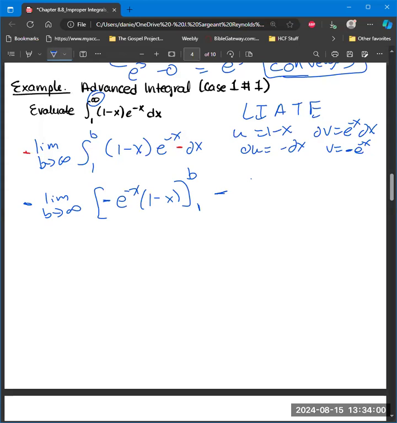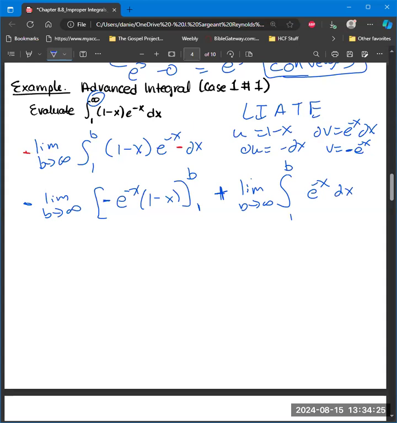This negative is going to be a positive limit as b goes to infinity of the integral from 1 to b of v du. So a negative negative is going to be a positive here.